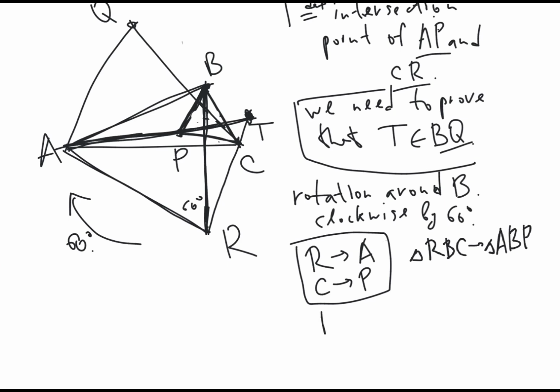Because also the point B stays in the same place. When we rotate around B, the point B itself stays in the same place. So these are basically the three vertices of this triangle. R is mapped to A, B is mapped to B, and C is mapped to P. So let me highlight these two triangles. RBC: this triangle is mapped to this triangle.